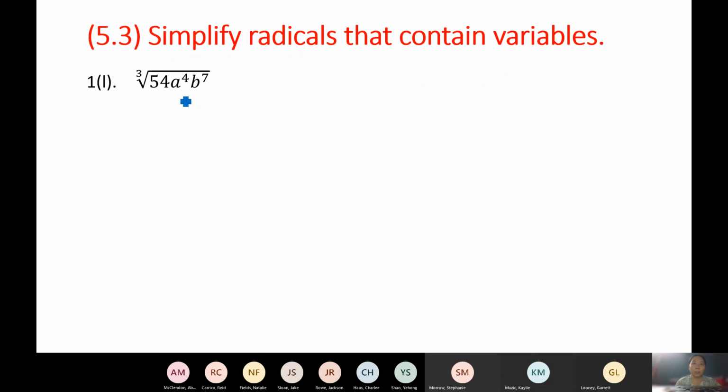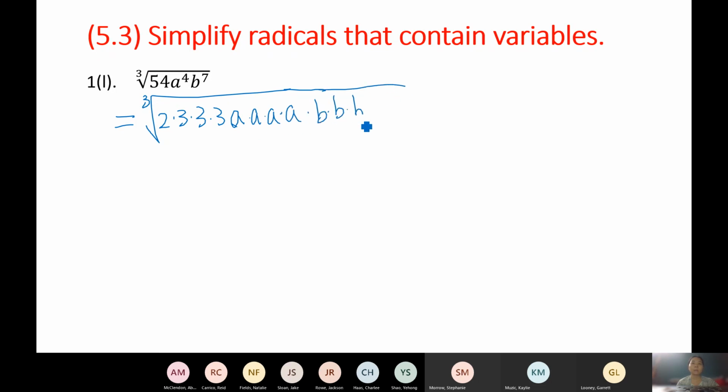If you have variables, okay, so first we can break down 54 as 2 times 3 times 3 times 3. And if you want to expand it, you can. But I gave you a tip in class how to do this quickly without expanding everything out. But I'll do both ways here. Okay, so remember the cube root needs to get 3 copies of something.